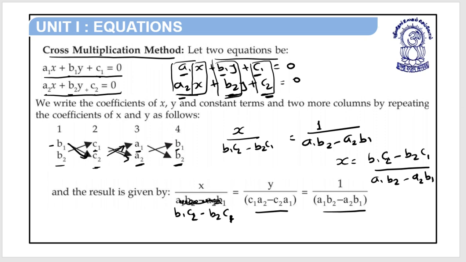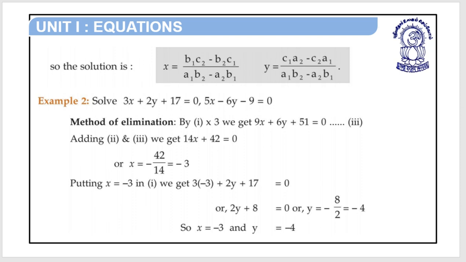In the same way, y upon C1 A2 minus C2 A1 is equal to 1 upon A1 B2 minus A2 B1. So the value of y is equal to C1 A2 minus C2 A1 upon A1 B2 minus A2 B1.